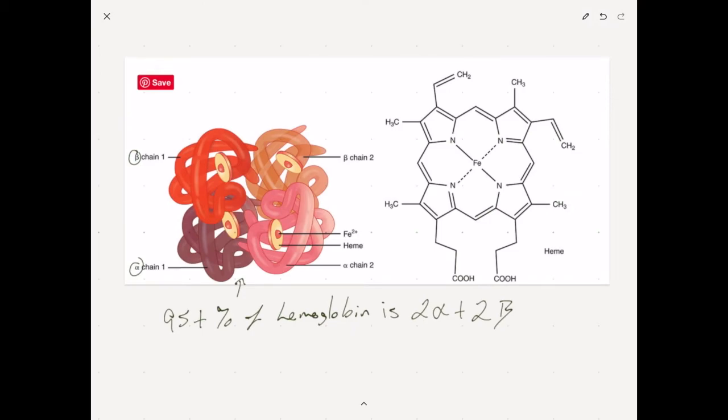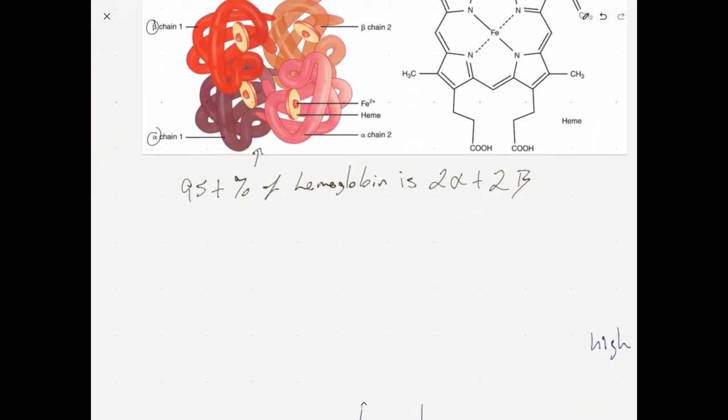Where you run into differences in this is in fetuses. Now this is called hemoglobin A. A little bit of your hemoglobin is hemoglobin A2, which contains 2 alphas and 2 deltas.